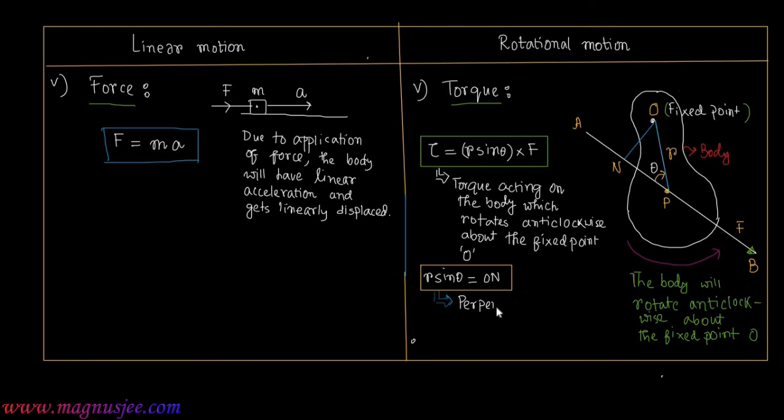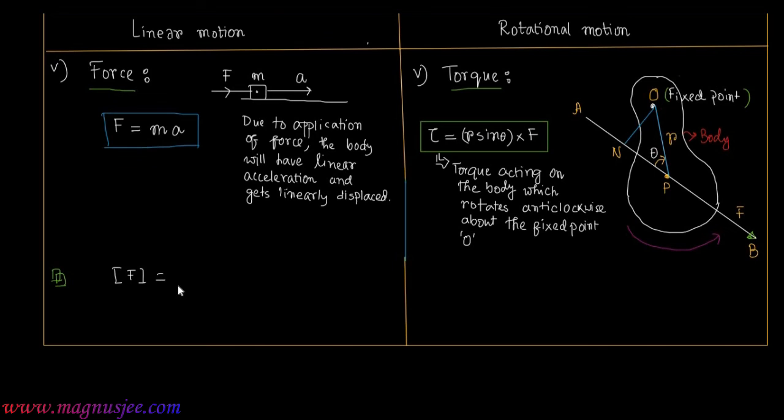R sin theta is equal to ON, which is the perpendicular distance of the fixed point O of the body from the line AB of action of force, and F is the force.